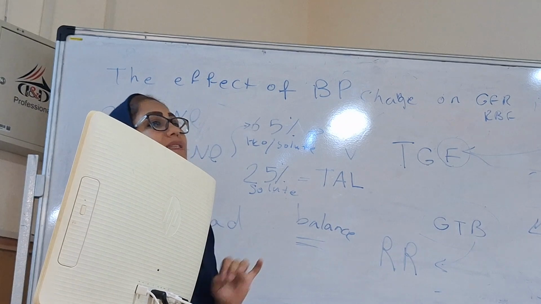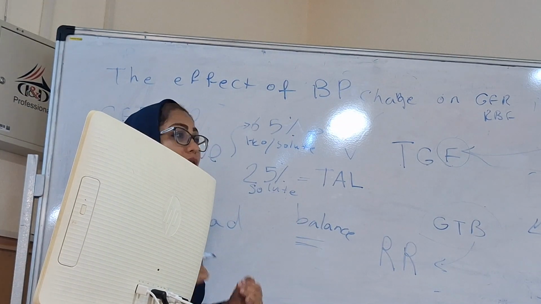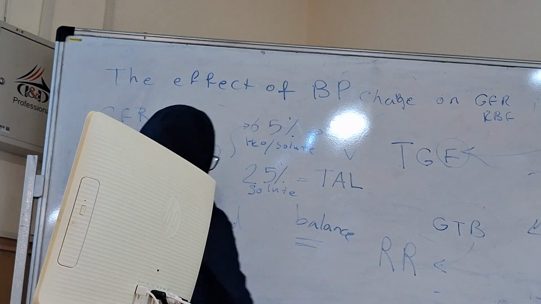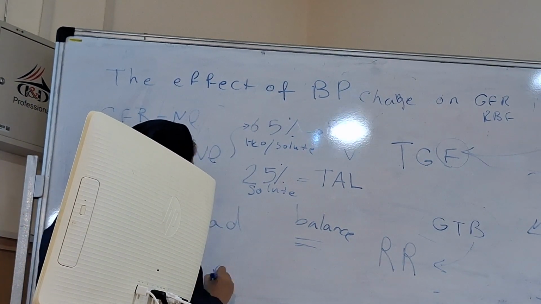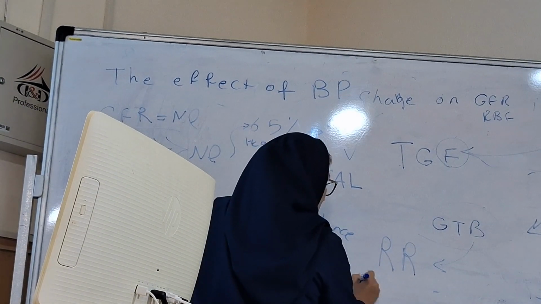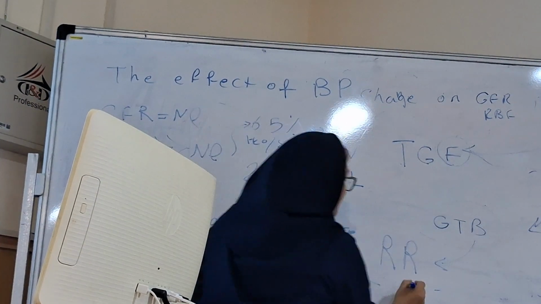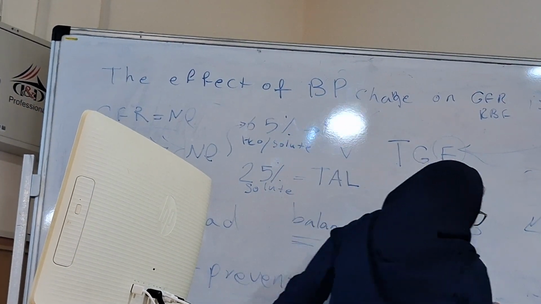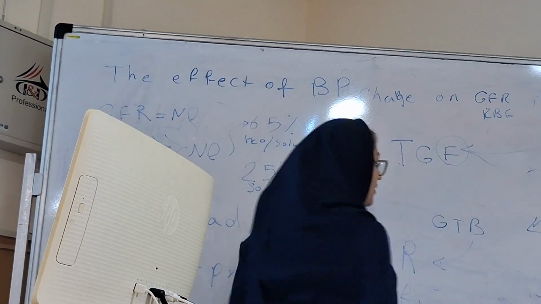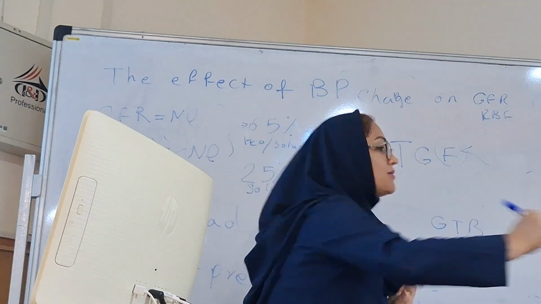It's an intrinsic property of the tubules. What's the importance? It prevents distal parts of the nephron from overloading. We don't want overloading in late parts of the nephron.